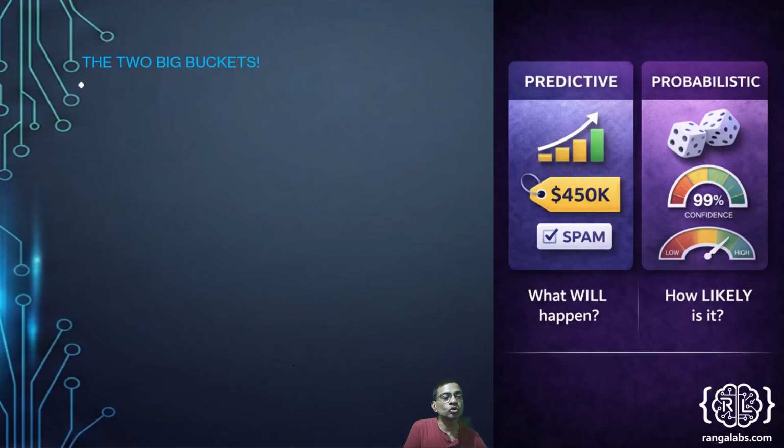Remember this. There are two big buckets when it comes to models. One is what we call predictive, and the second one is what we call probabilistic. So in the first one, we give the data, the actual data, including what was the result.